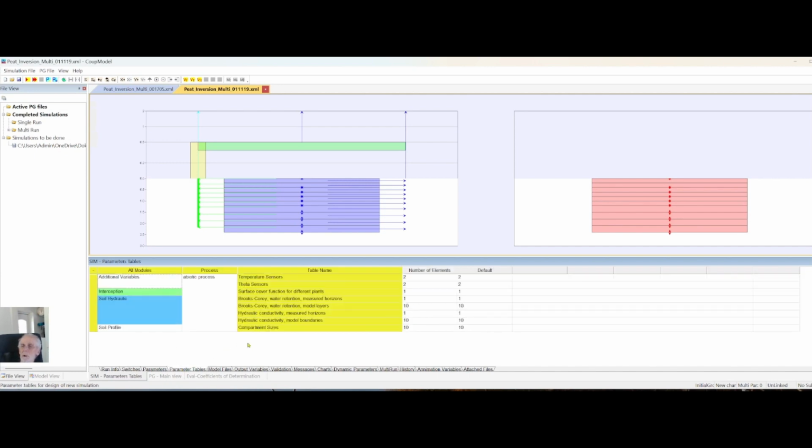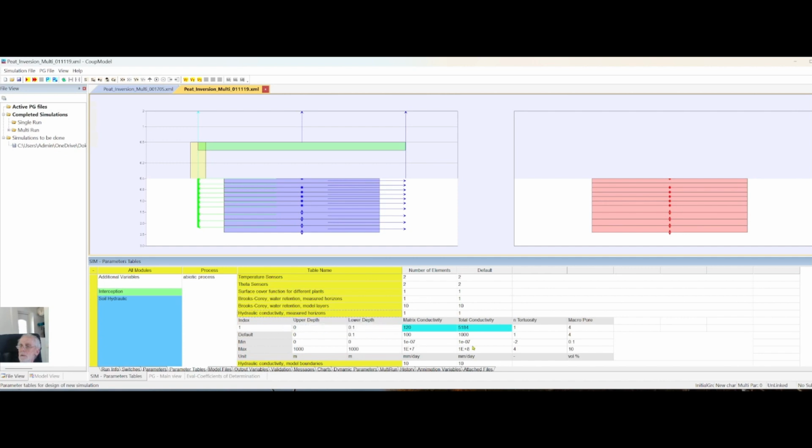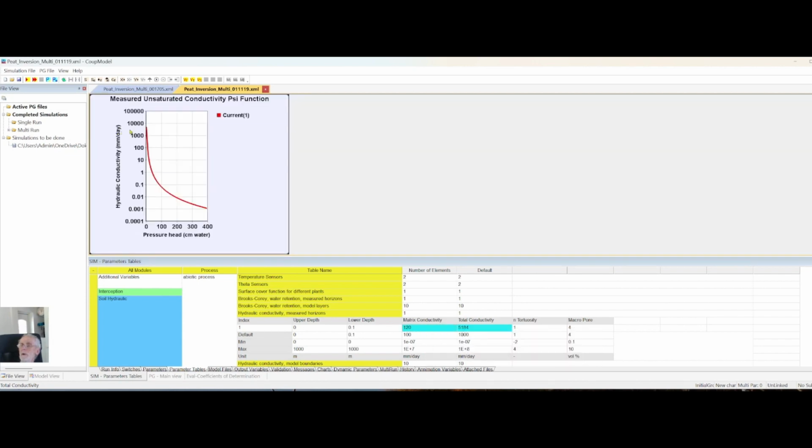So I will suggest that we go to the group of soil hydraulic in the parameter tables, and then we look to these settings, and then we see that those have fixed values.